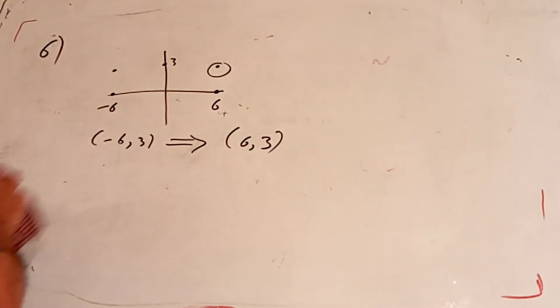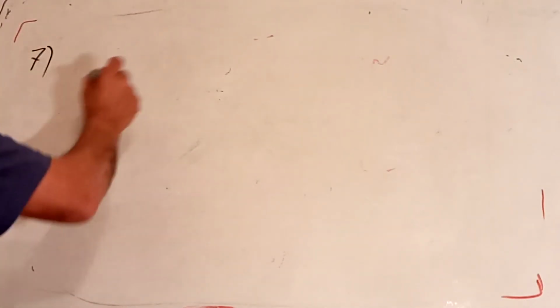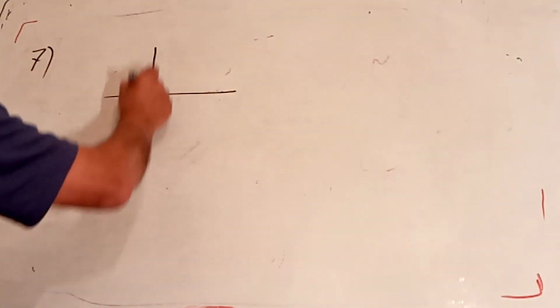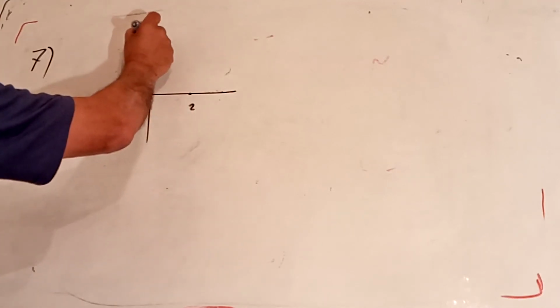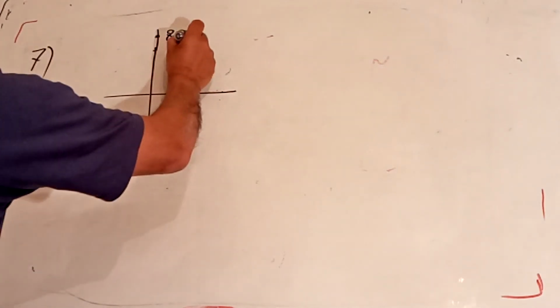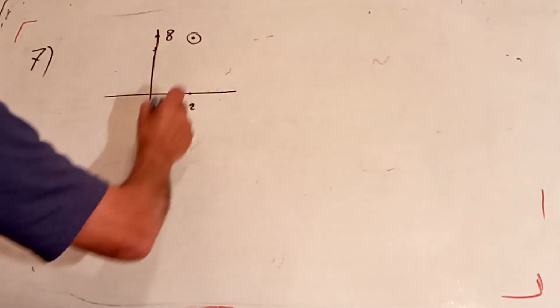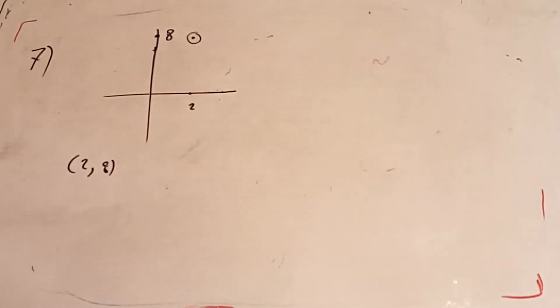Let's go to number 7. Number 7, 2 and 8. It will be here 2 and here 8. This is the point. Since the reflection is over the y-axis, the sign of x will change.